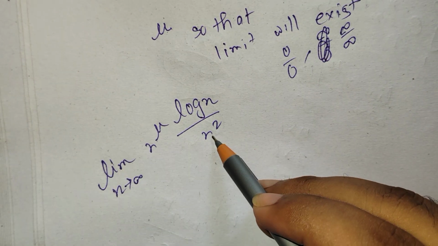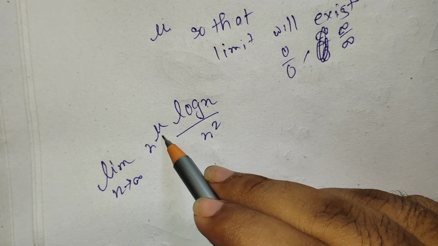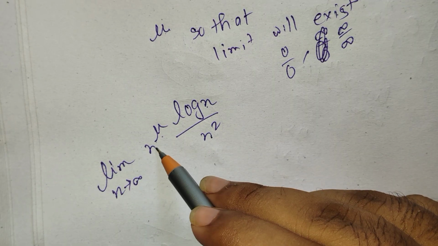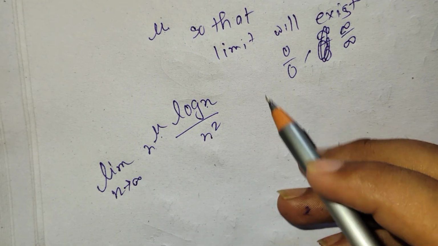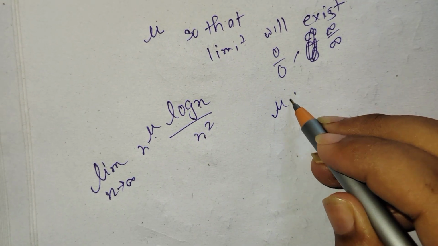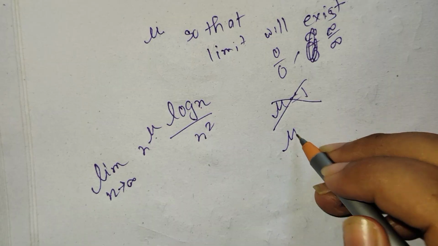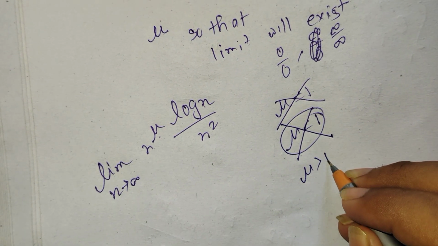Now the numerator is infinity, and the denominator is also infinity, but we don't know about the x to the power mu. So in that case, we can't take mu equals to 1, we can't take mu less than 1, we have to take mu greater than 1.